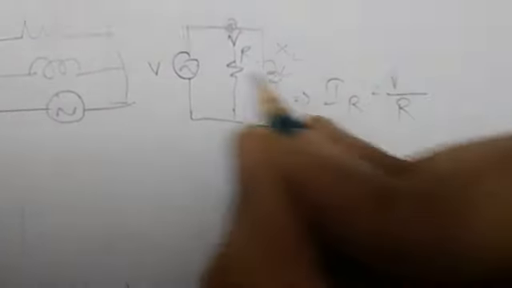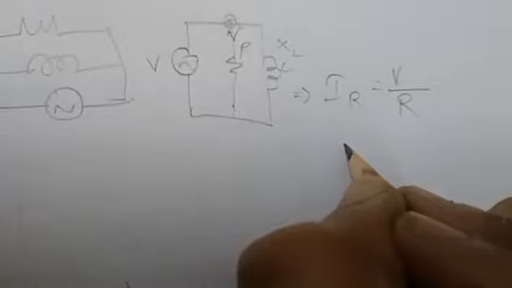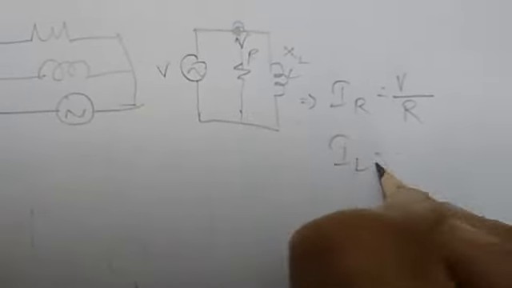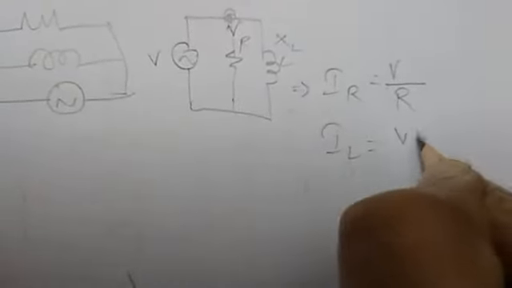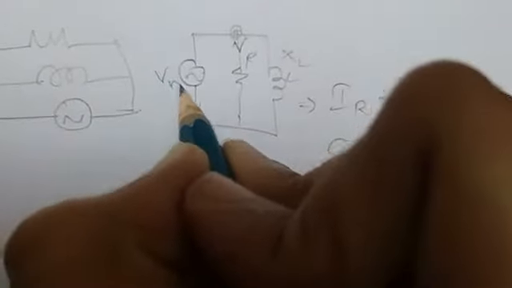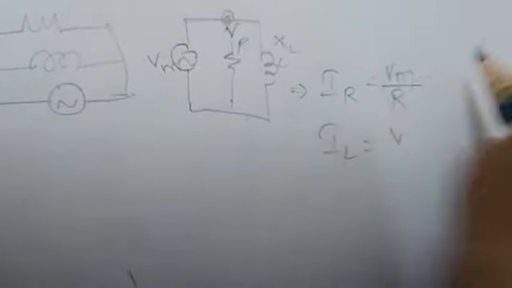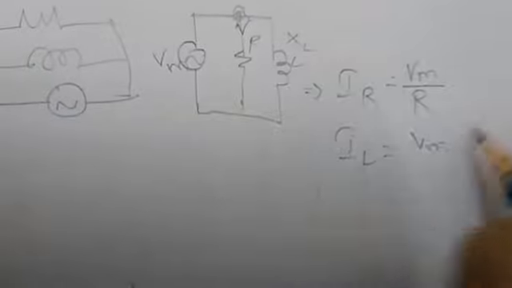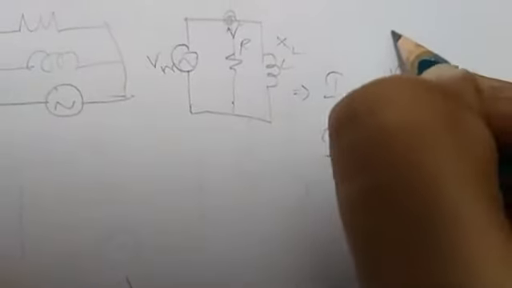Whereas coming to the inductor, IL will be V by XL, where V is nothing but your AC voltage, Vm cos omega t.